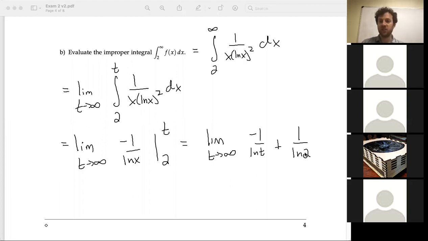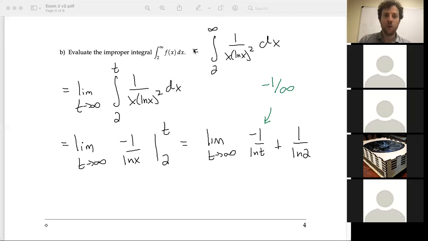The constant stays constant, so we focus on the -1 over natural log of t. In this case, the natural log goes to infinity as t goes to infinity. So that expression there is -1 on the top, which stays fixed, and the bottom goes to infinity.